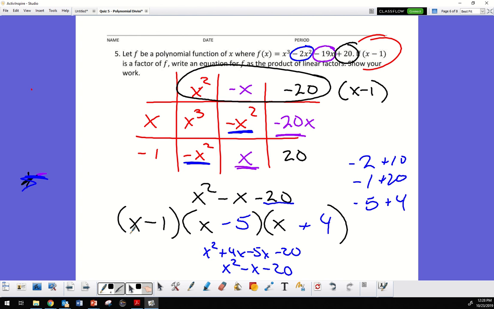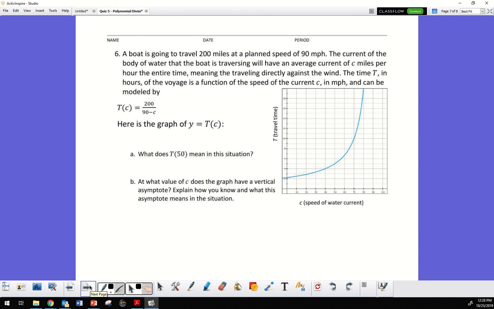We ready? Alright, so here's number 6. It says a boat is going to travel 200 miles at a planned speed of 90 miles per hour. The current of the body of water that the boat is traversing, so it means it's going through, will have an average current of c miles per hour for the entire time, meaning traveling directly against the wind.